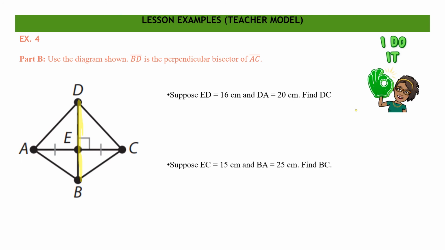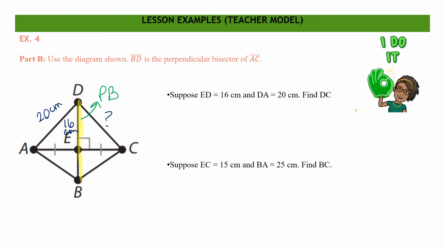And they tell us, suppose ED, from E to D, this is 16 centimeters. And then from D to A is 20 centimeters. And this is 16 centimeters. We want to find from D to C. This is the segment that we're looking for.